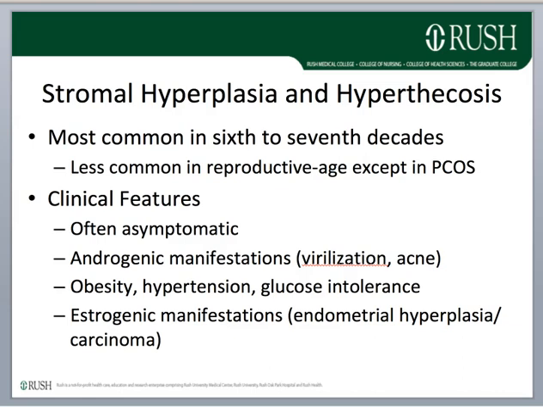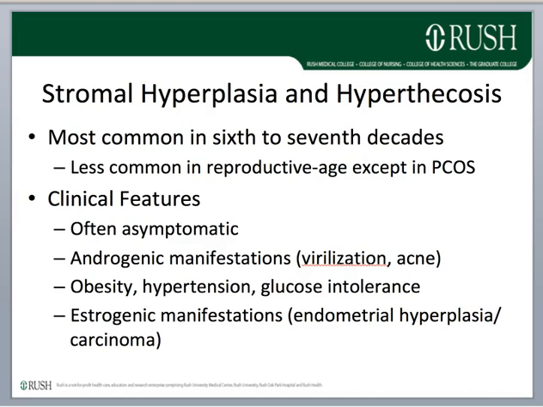Many patients are asymptomatic, but androgen hypersecretion may be present, particularly in younger reproductive age women with stromal hyperthecosis. So there's some clinical overlap, especially in this younger age group, with PCOS. The only difference is that it's not accompanied by multiple follicular cysts.